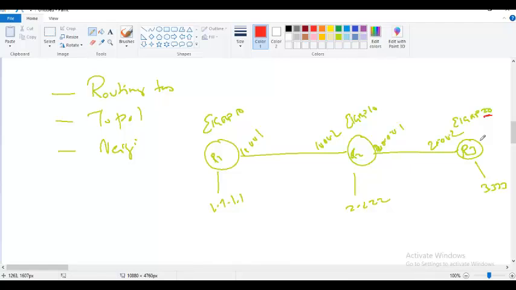But for this 20 network and 3.3.3 network, it will be 170 because you are doing what? Redistribution. Redistributed networks will have 170 as the administrative distance. Is that clear?